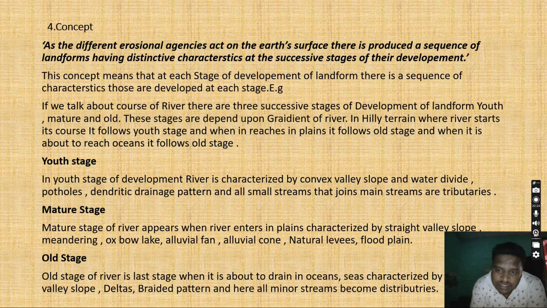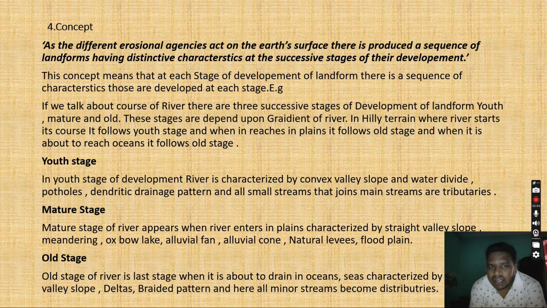Such old stages are also known by the anastomosing drainage pattern, when lots of small islands develop midway in the river. Anastomosing features are there. Deltas are there. Such features tell about the old stage of the river.